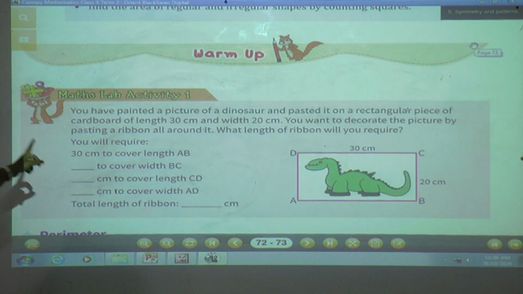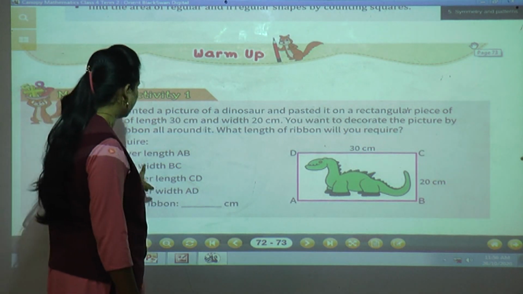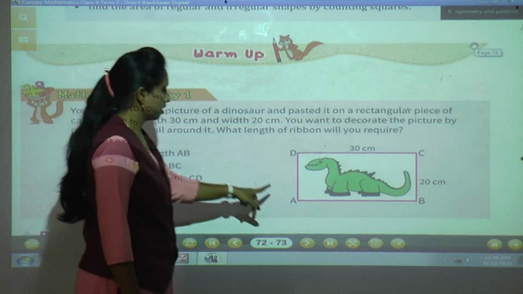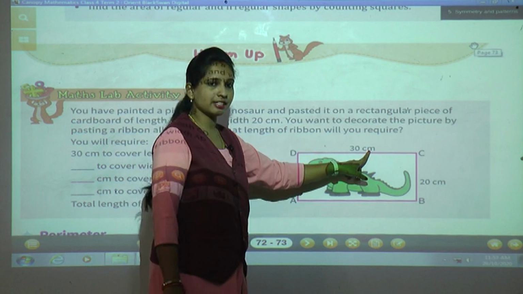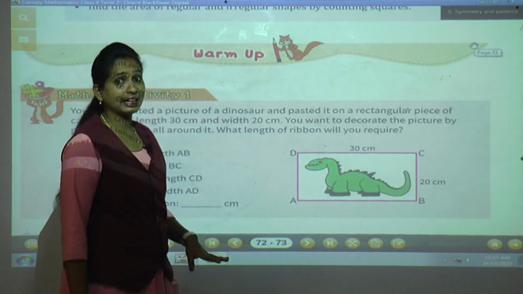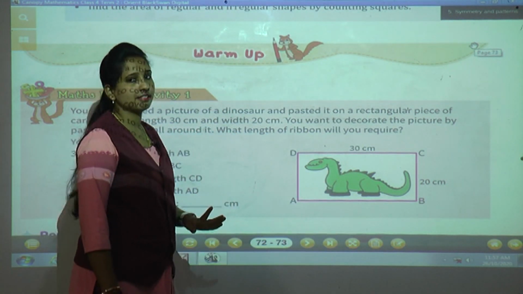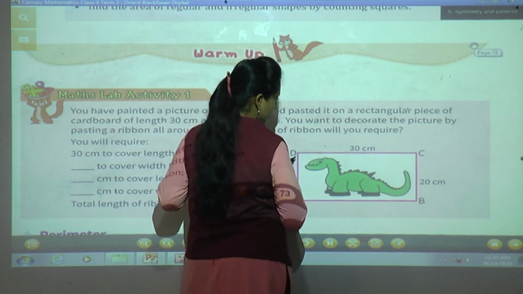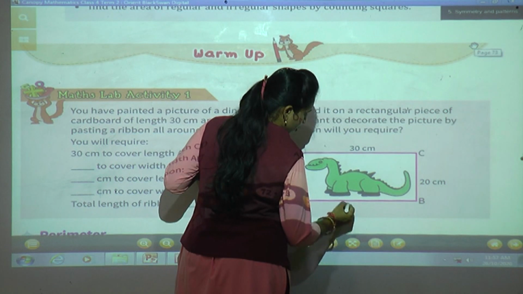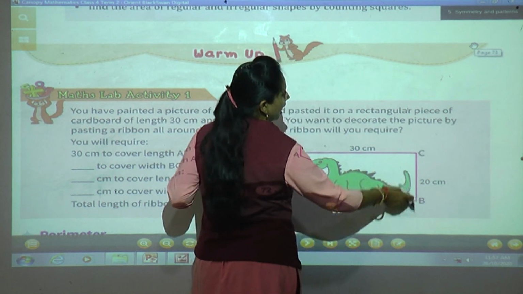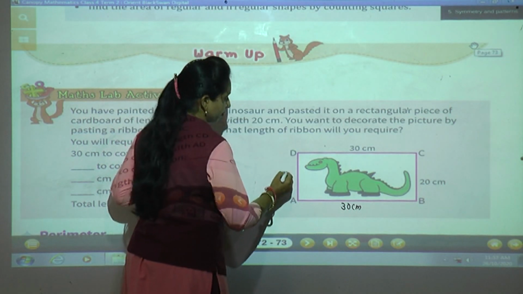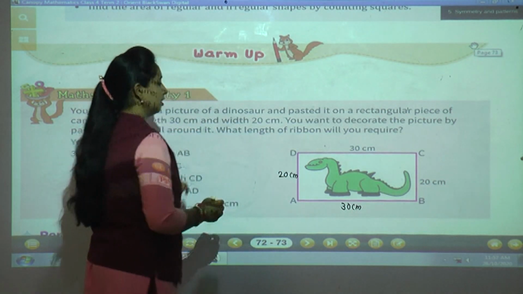You require 30 centimeter to cover length AB. See, this is 30 centimeter, and you know that in a rectangle both the opposite sides are equal. If suppose CD is 30 centimeter, here also 30 centimeter, and BC is 20 centimeter means AD also 20 centimeter, isn't it?